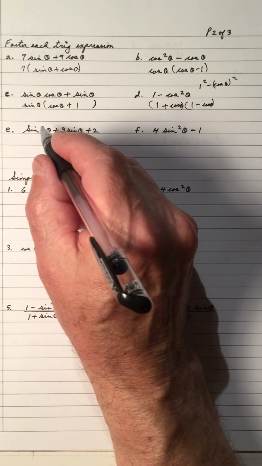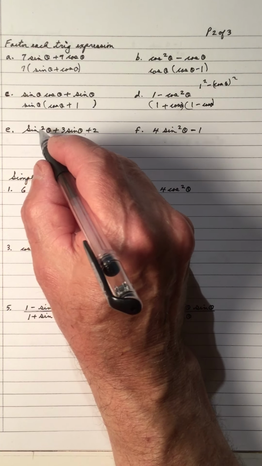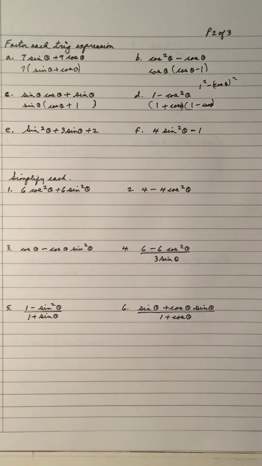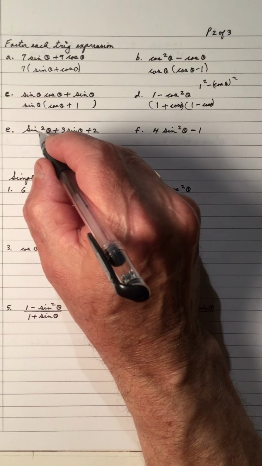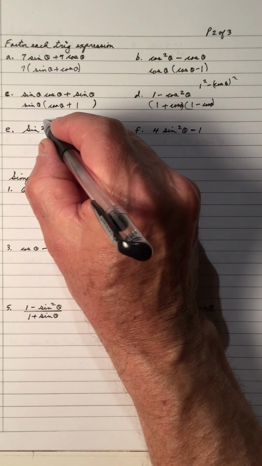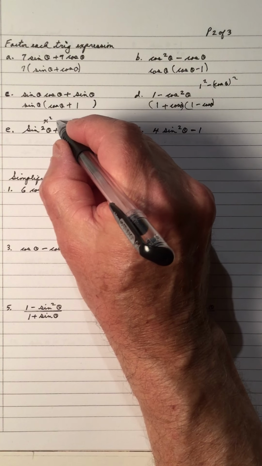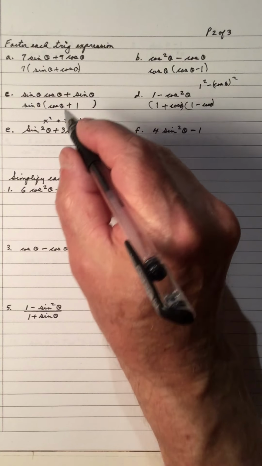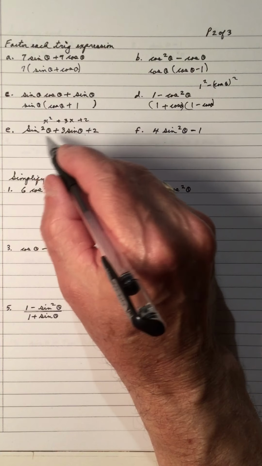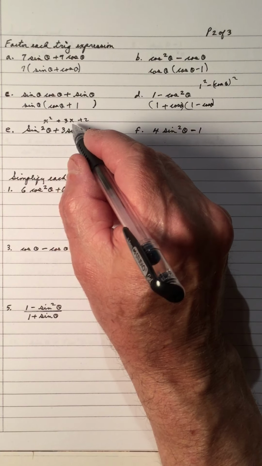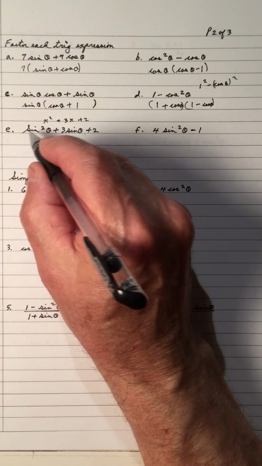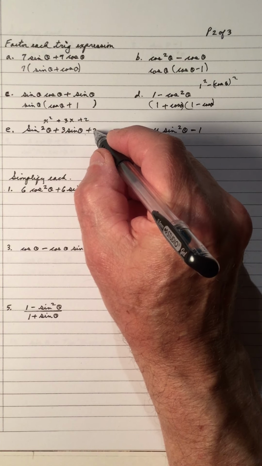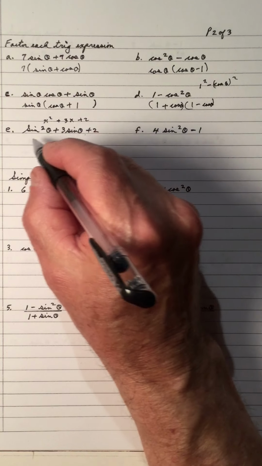And E, notice I see a sine squared, 3 sine plus 2. This is a trinomial, but it's in terms of sine. Just think of it as x squared plus 3x plus 2. So the sine is being treated the same as the x. So it's a trinomial where we have a product of 2 and a sum of 3.